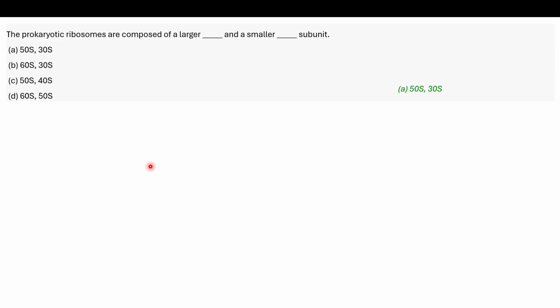So why is it so? Why isn't it directly additive? Shouldn't 50 plus 30 give us 80S? It is giving us 70S. Whatever you are aware of, you can just try and answer. It's completely fine.